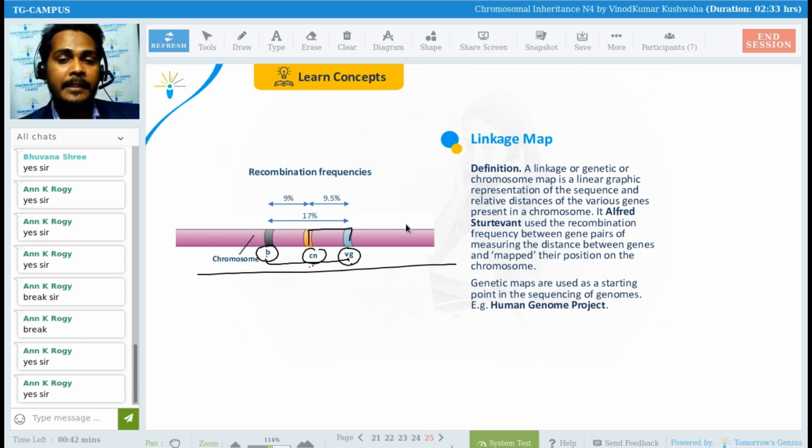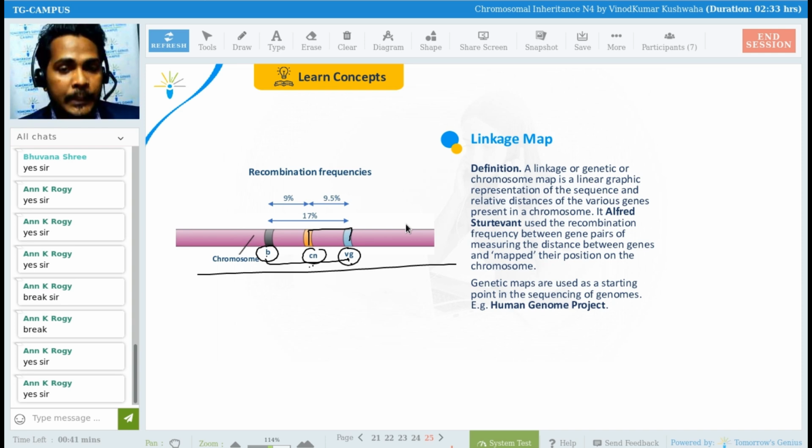Actually, genes are basically present in the chromosome, right? The genes present in the chromosome are arranged in a linear sequence, as you can see in this diagram.